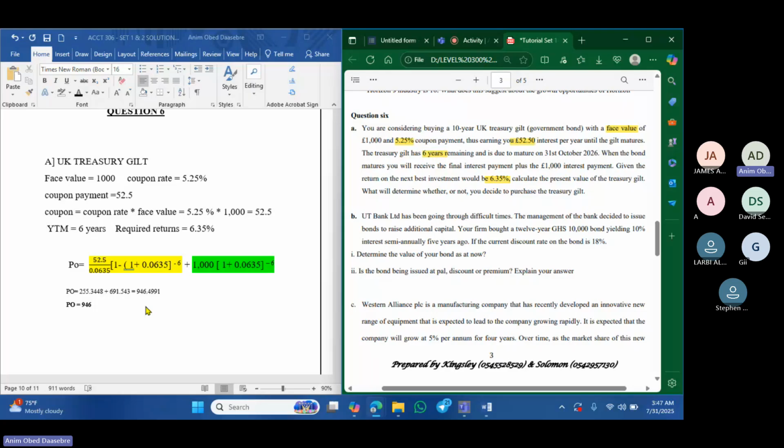But before you use any variable, you need to define that variable. Usually every formula you use, you need to define the variables. It is not compulsory that you use C or W or Z.